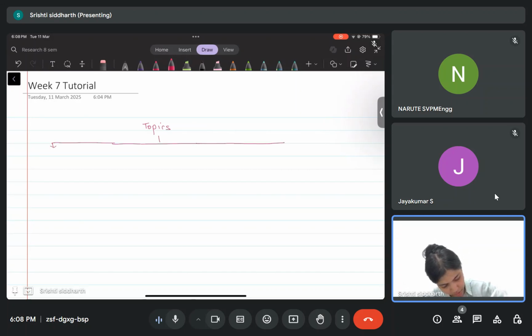Start with tests for observability and detectability. Then we'll also discuss the standard form for an observable system.